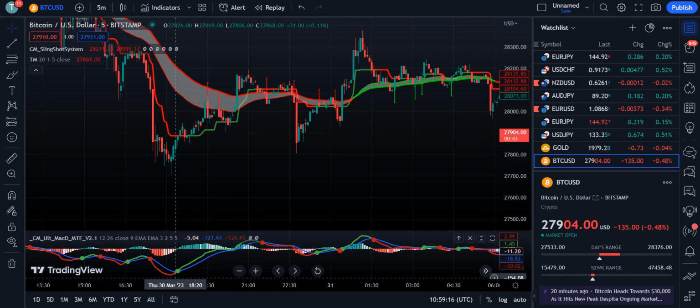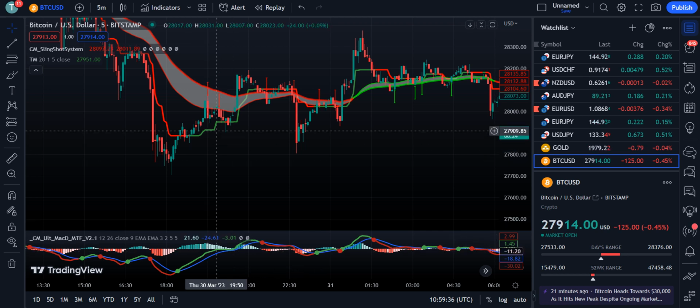And the third thing is that our CM MACD indicator should give us this green color point, and the green color line should be starting from here. If all three conditions are fulfilled, we will be taking our entry into the market for the buy position or the bullish pattern.